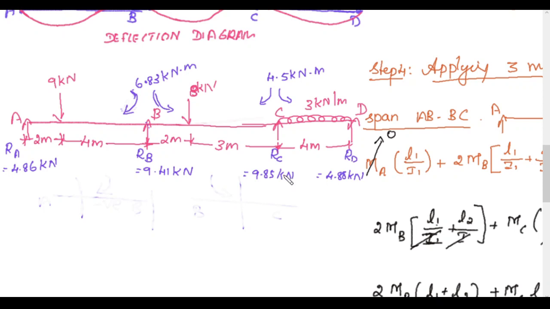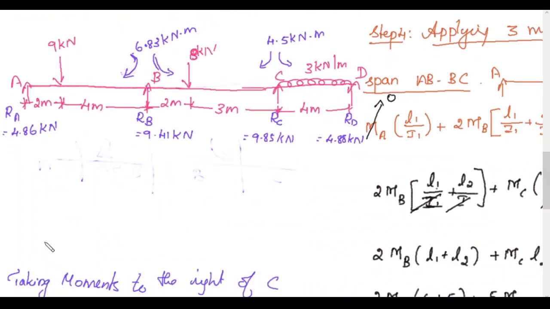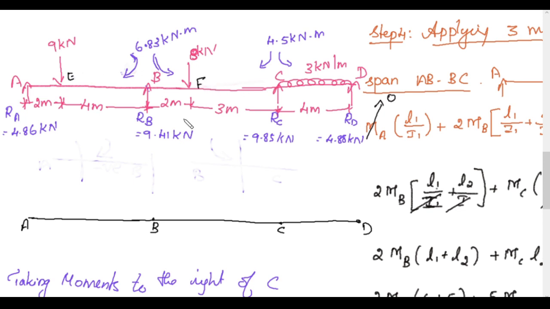So how will we draw the shear force diagram? This is A, B, C and D. This is E and F. So at E we have a concentrated load.